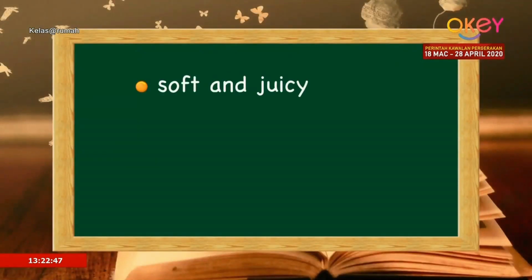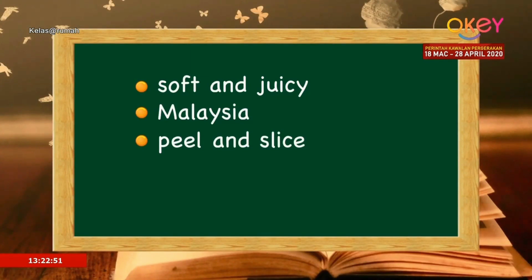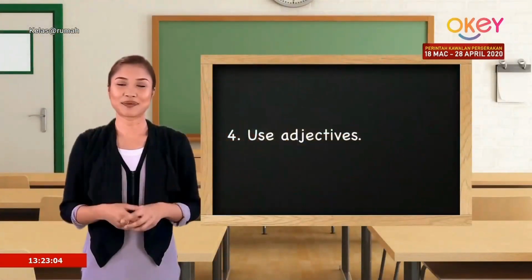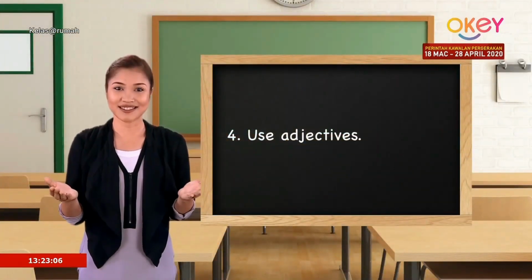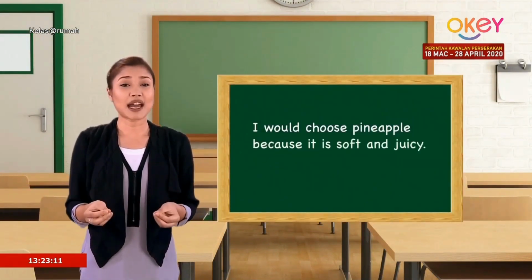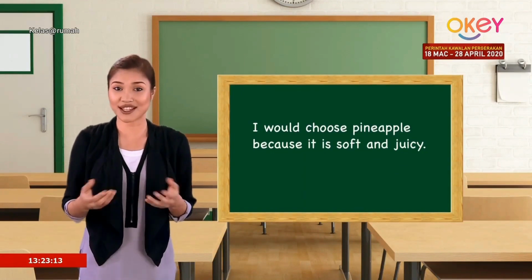Soft and juicy, Malaysia, peel and slice, cake, juice, jam, and 3 ringgit and 50 cents. But how do we turn this information into reasons? Simple. Number 4, use adjectives. We use adjectives. For example, I would choose pineapple because it is soft and juicy.